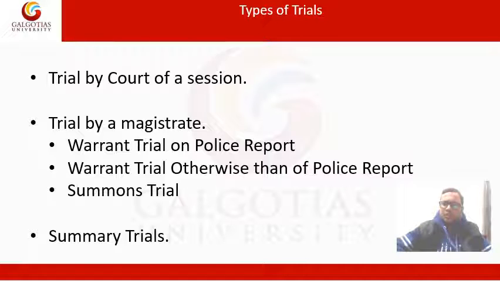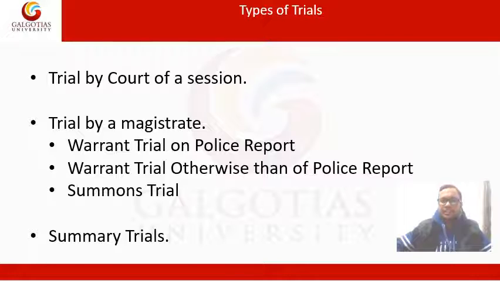the initial process will be followed by the magistrate before the charge framing, after verification of all the documents. Now the magistrate does not have the power to try this case. Initial steps have been taken by the magistrate.